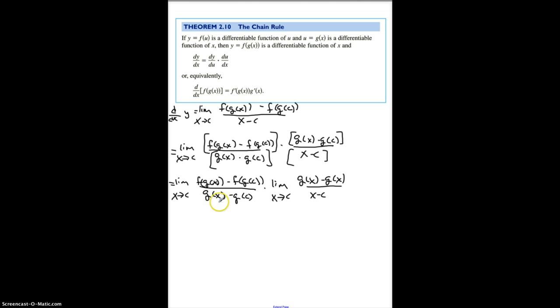Now, this first one is, of course, the derivative of f at g of c. And the second one is, of course, g prime of x.